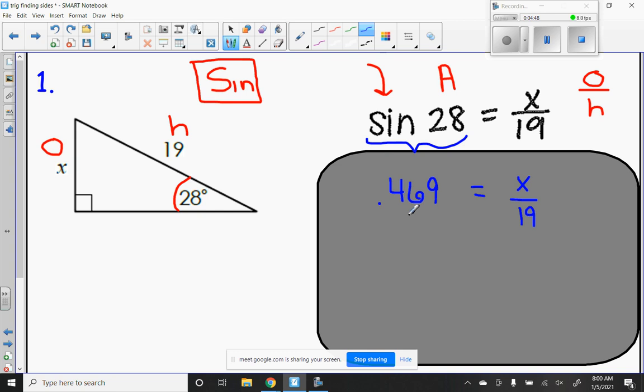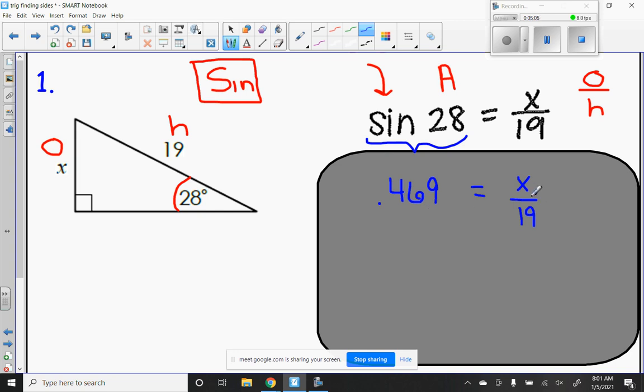So there is my equation now, and we're almost done. The solving process in trig is actually easy. Setting it up is what's very important. As long as you set it up correctly, you're going to be just fine.